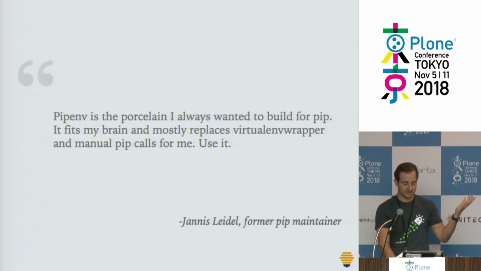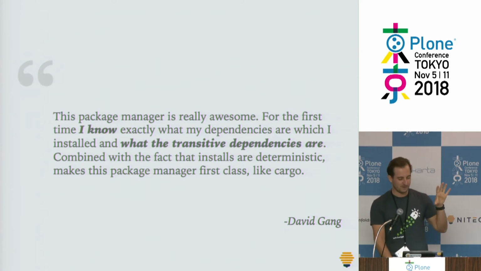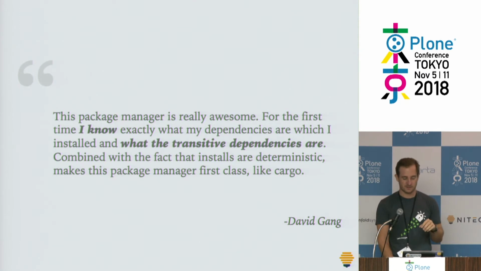A former pip maintainer says that Pipenv is the porcelain he always wanted to build around pip, and that everybody should use it. And this other random guy says that the greatest benefit of Pipenv is that he now knows exactly what the transitive dependencies are, and I'm going to return to transitive dependencies a lot in this talk.